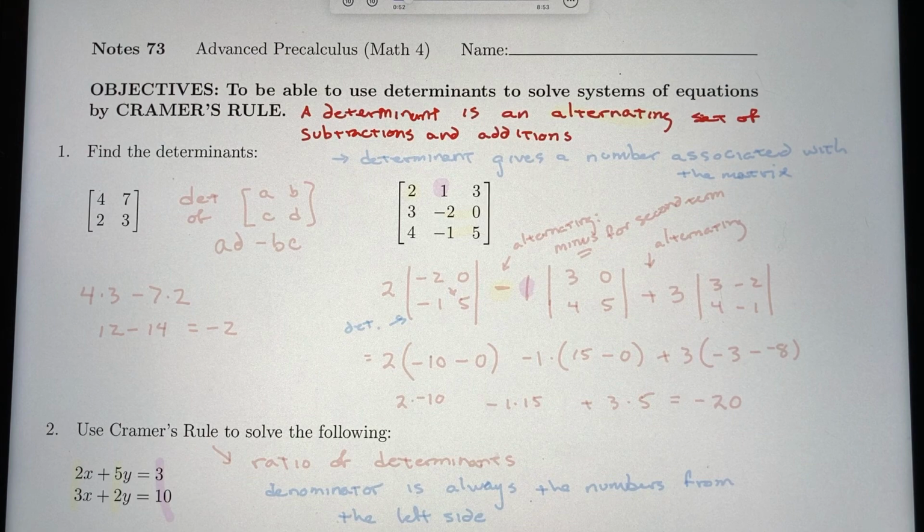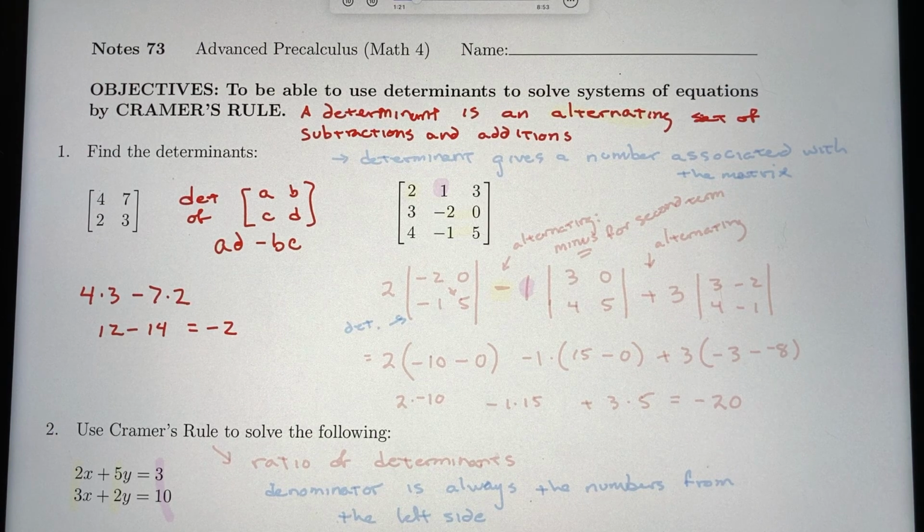I'm just going to say the 2x2, it's not even worth it. You just do it by hand. The determinant of A, B, C, D is AD minus BC. It's the number. So multiply the diagonals minus the anti-diagonals. So in this case, it's just going to be 4 times 3 minus 7 times 2, which is -2.